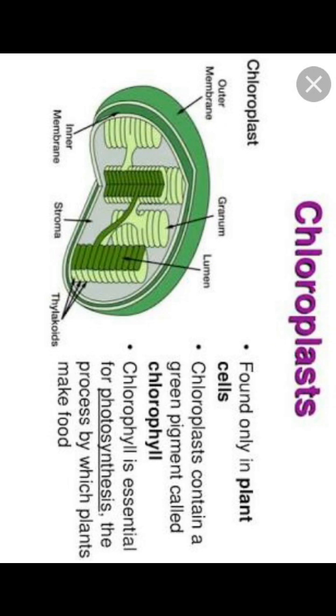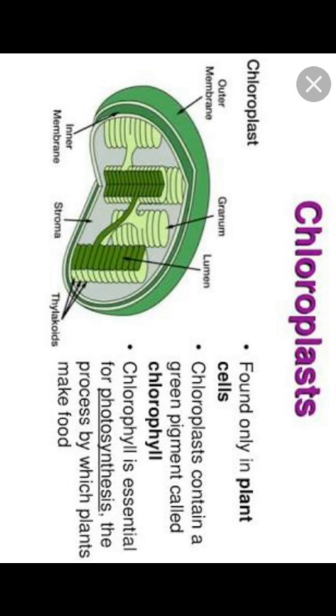Now let us see length: 5 to 10 mm, which is why we can see them clearly under a microscope, and width is 2 to 4 mm. Their number varies from one cell to another.